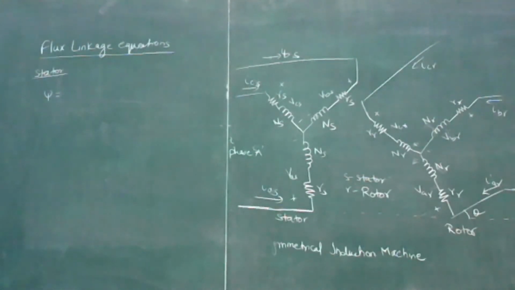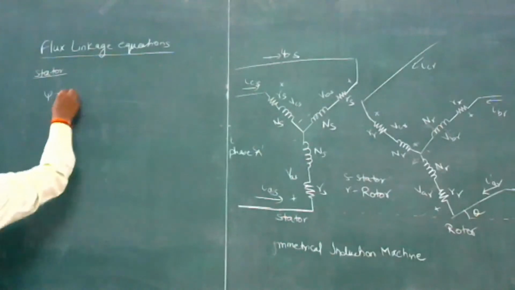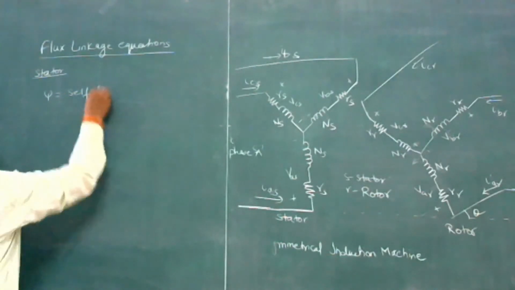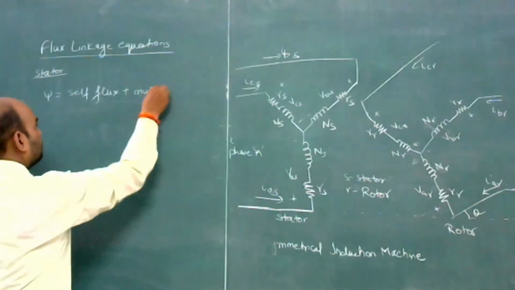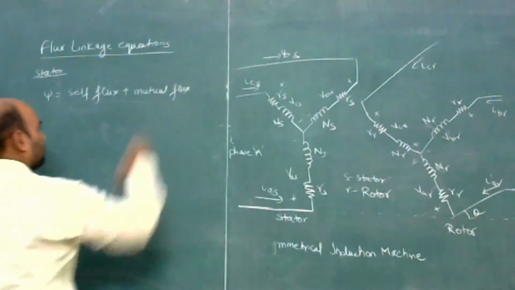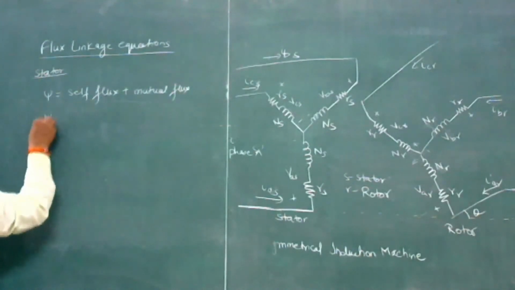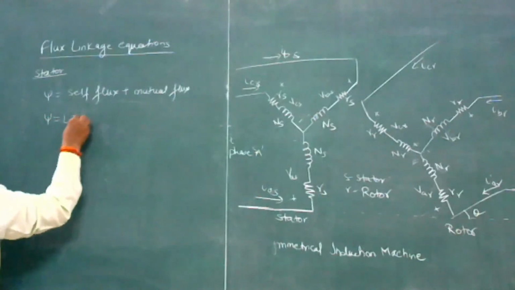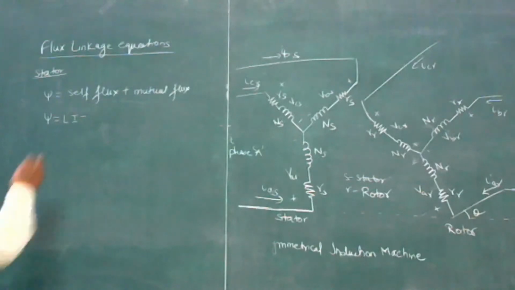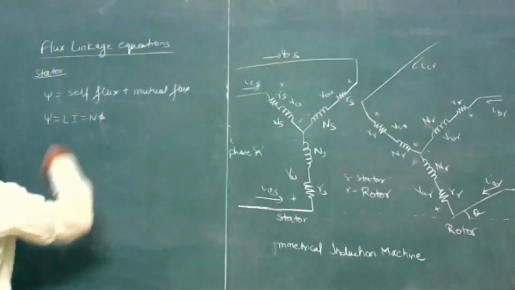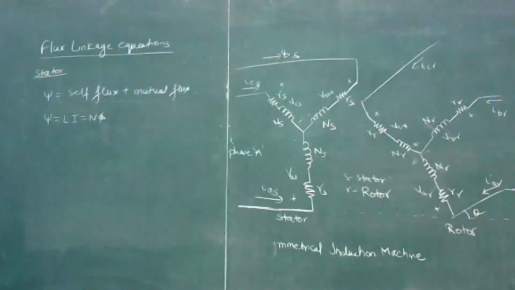The flux linkage on the phase arises due to self flux plus mutual flux. Psi is equal to L into I, and equal to N into phi. Okay, so this is the value of psi. So this is flux linkage.